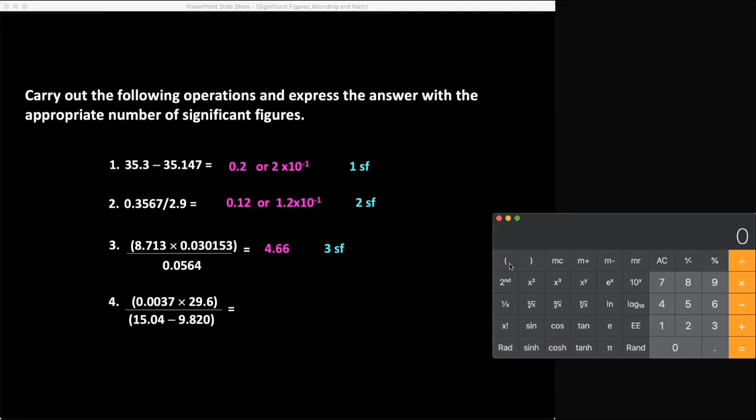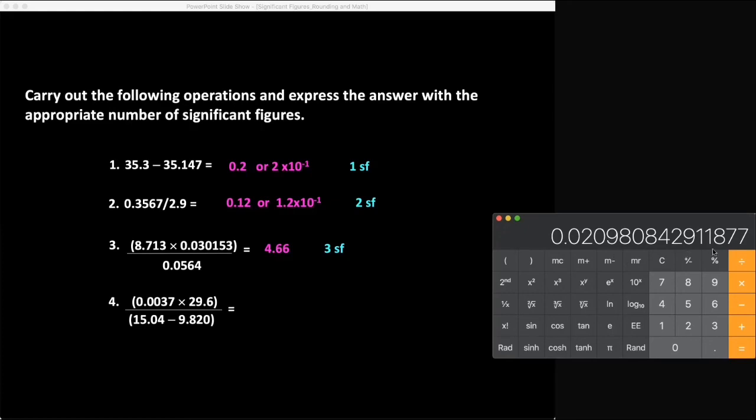Number 4, keep your parentheses, 0.0037 times 29.6, close parentheses, divide by, open parentheses now, 15.04 minus 9.820, close parentheses, and I got 0.020980, and so on.